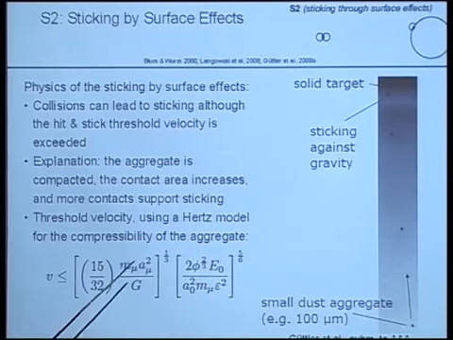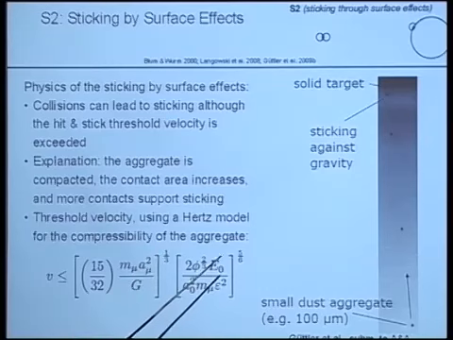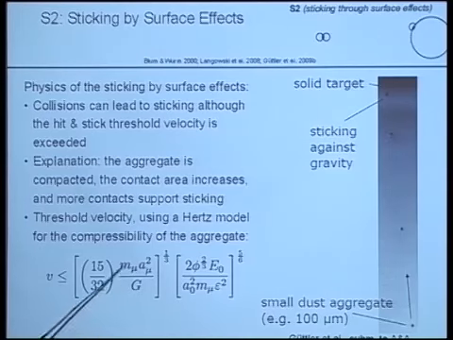The second process is sticking through surface effects. If the velocities are bigger than the threshold I've just shown you, things can flatten out, and we use a Hertzian model describing a rather spherical particle to define a threshold velocity up to which this happens, and this involves some macroscopic mechanical parameters which have to be measured in the lab, and some complex other values.